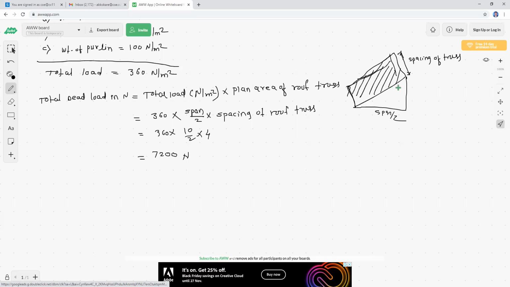how many panels have we chosen? I think 4 panels we have taken. Okay.